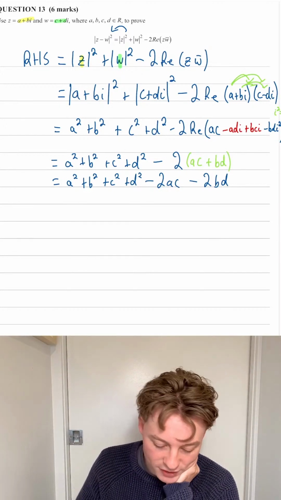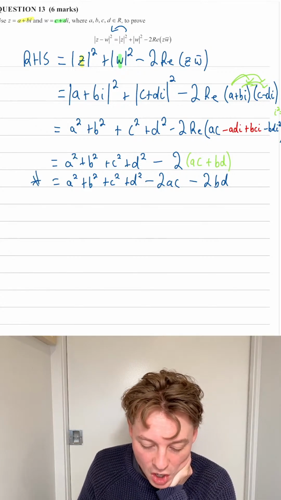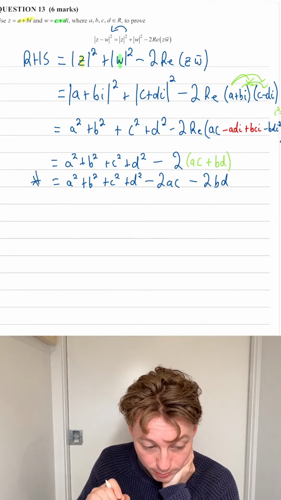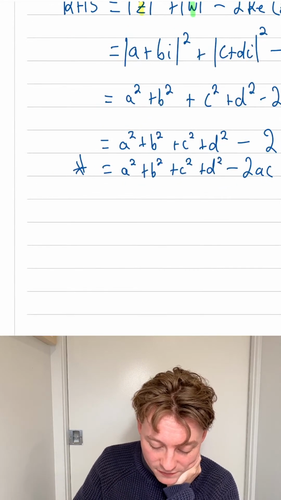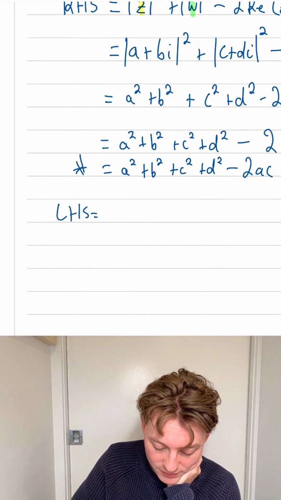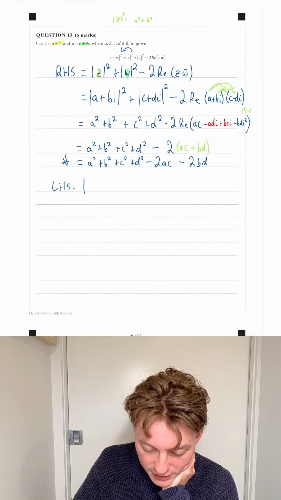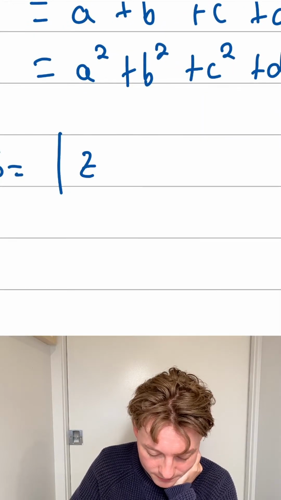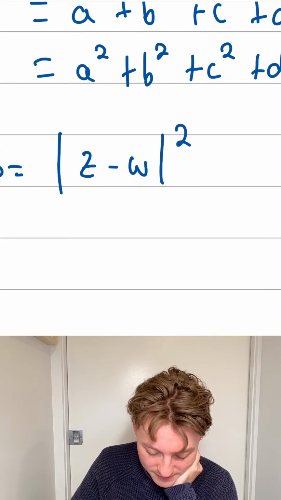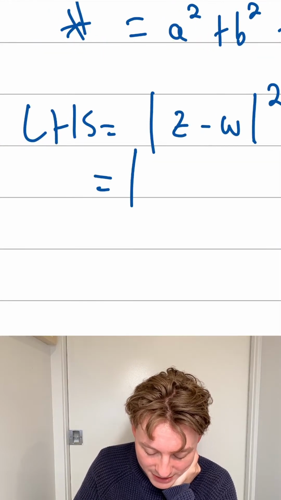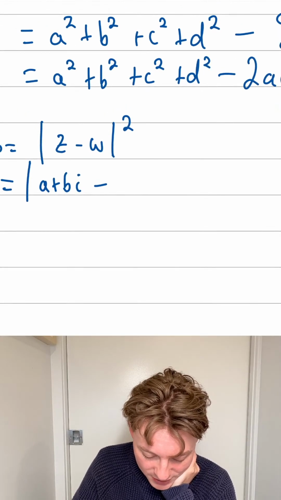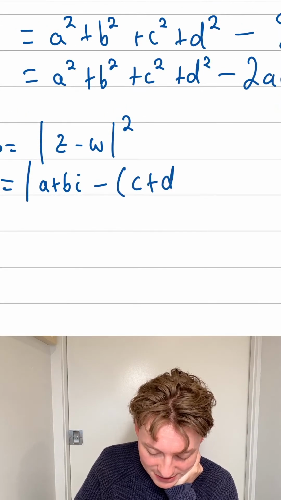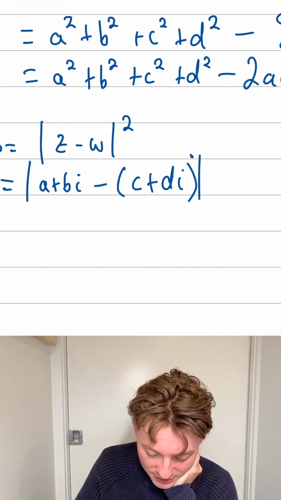So I've got to this point here. I'm now going to put a pin in it and consider the left-hand side. The left-hand side of my equation was the modulus of Z minus W squared. If I do Z minus W, that is A plus BI minus, using brackets, C plus DI, all squared.